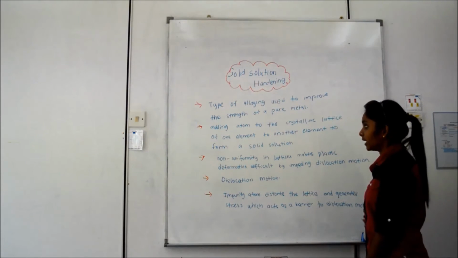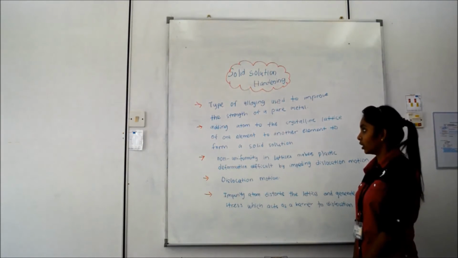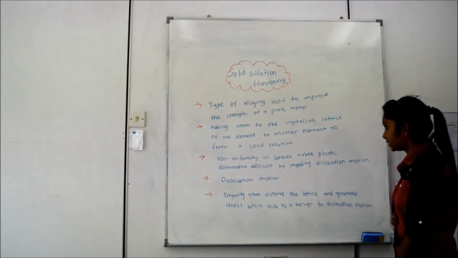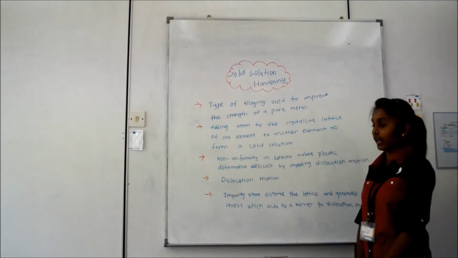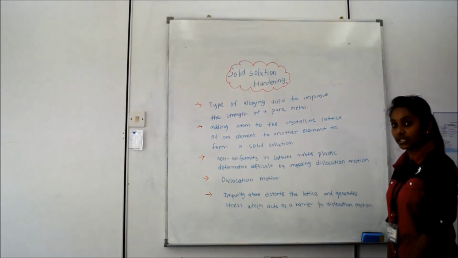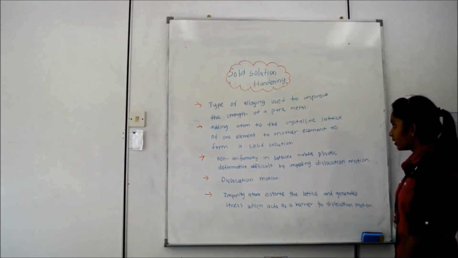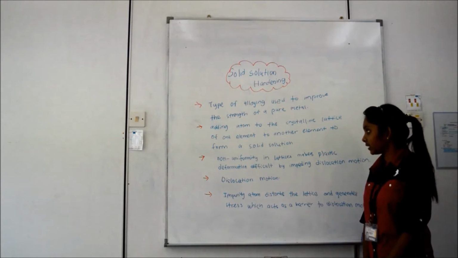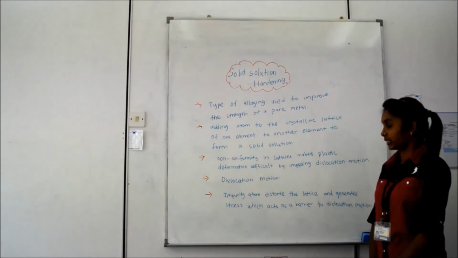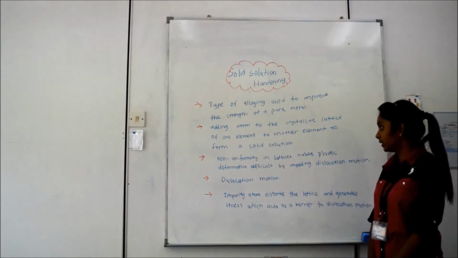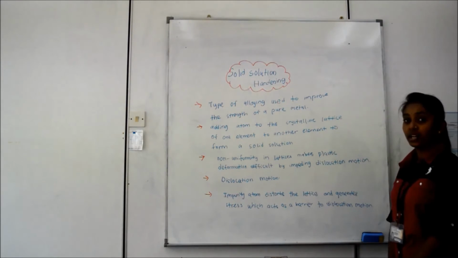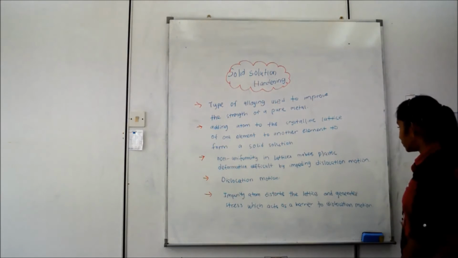This process is also called substitutional impurity. The non-uniformity in the lattice caused by adding atoms makes plastic deformation difficult by impeding and delaying dislocation motion.